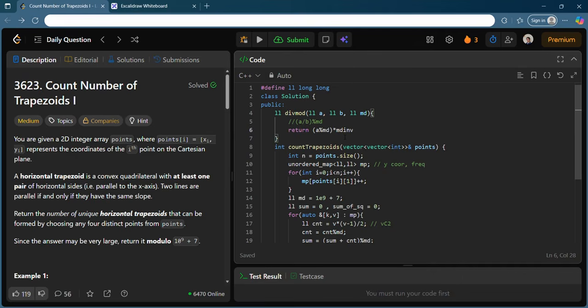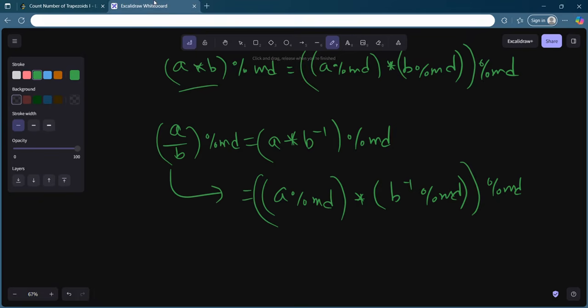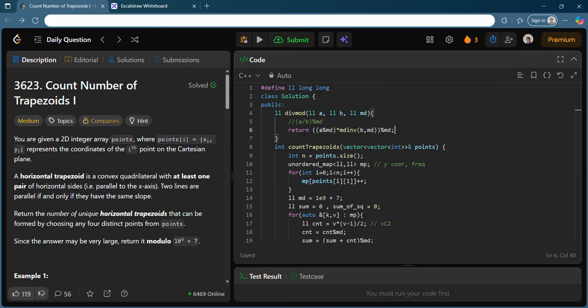Okay, so I will call that the mod inverse function. It will just take this b and this mod, and will calculate the b inverse mod. Okay, and whole modulo, you just multiply both of these and perform a whole modulo. This will be your return of div mod. I hope you do get it, how div mod is calculated.